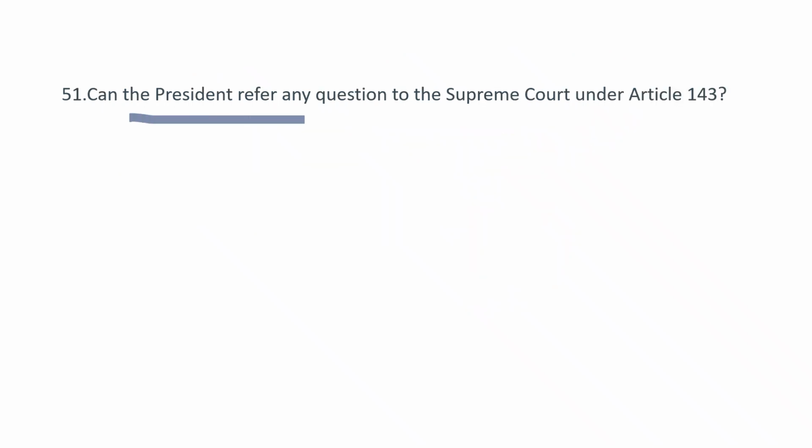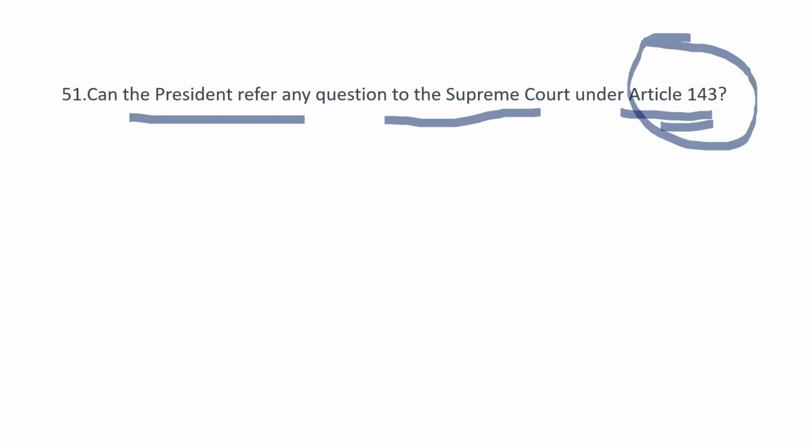Can the President refer any question to the Supreme Court under Article 143 or not? Just now we have seen that under Article 143 the President seeks the advice of the Supreme Court. Now the question is, can he refer any question to the Supreme Court or not?